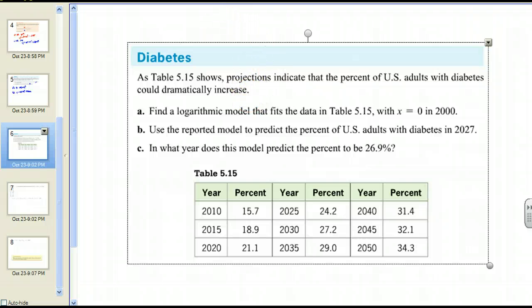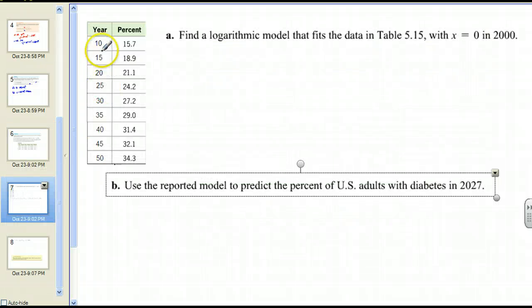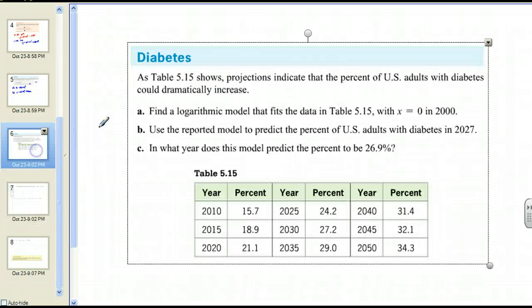Alright, this table gives projections to indicate the percent of U.S. adults with diabetes could dramatically increase. And we want to find a log model that fits the data with x equals 0 being 2000. So what I've done first is change this second page, because here it says x is 2000.